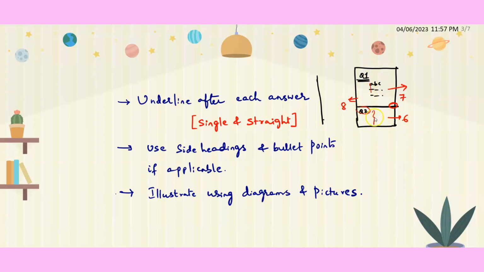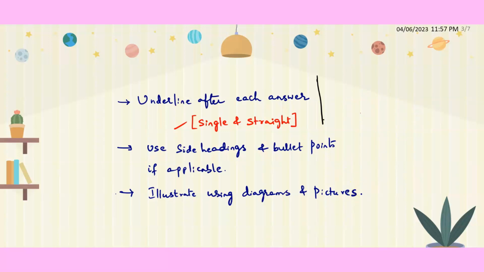So it is better to underline or draw a line like this. That should be single and straight, and that is the minimum respect which you are giving for the evaluator or the examiner. So for God's sake, please draw this line after each and every answer which you finish.